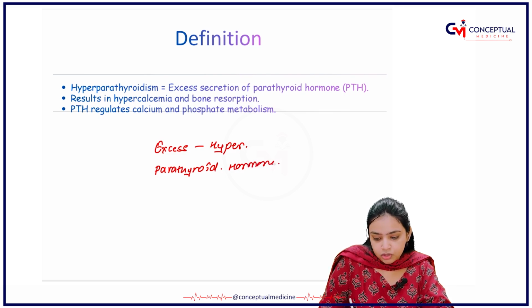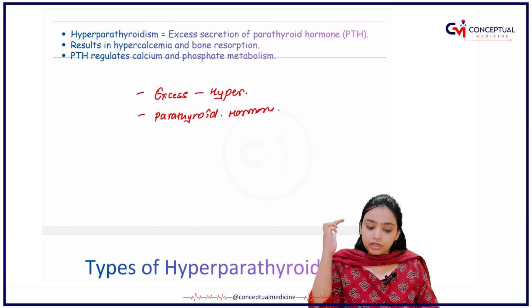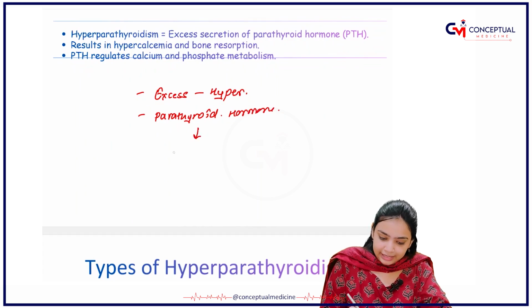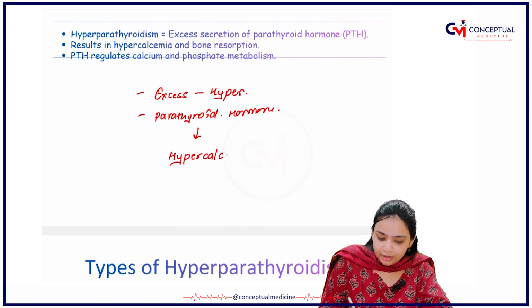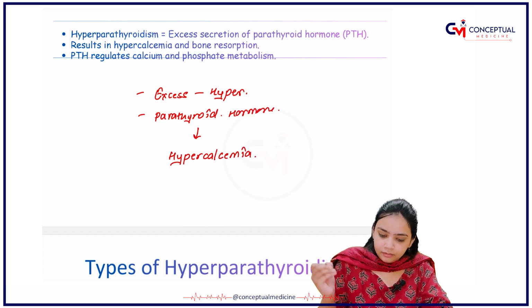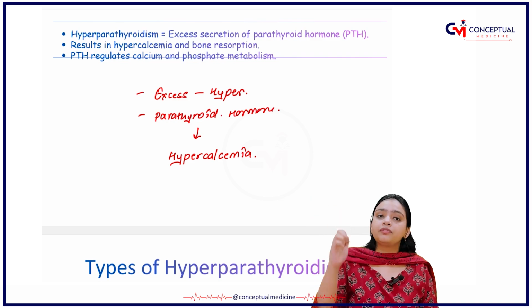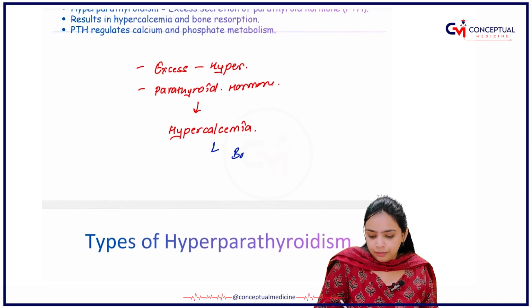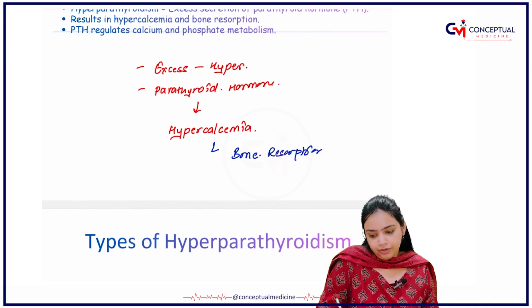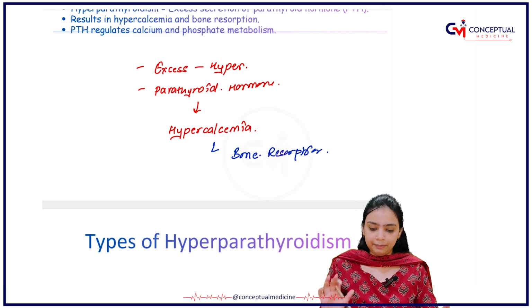So there is excess in the parathyroid hormone secretion, which results in hypercalcemia. And when there is hypercalcemia, there is an increased amount of calcium. As a result, there is bone resorption. So these are the things which you need to keep in mind.